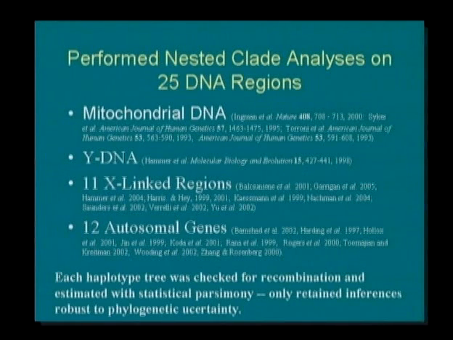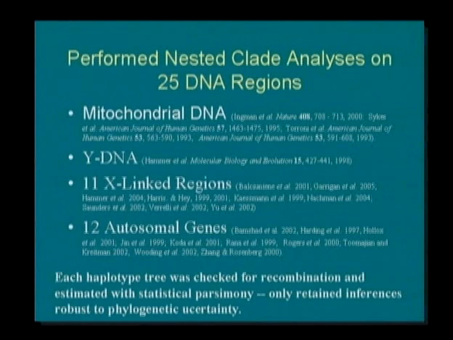And although there's a lot of DNA data out there, a lot of it was not gathered in the right way for these kinds of phylogeographic analyses. So this summarizes the 25 regions. It includes, of course, mitochondrial DNA, the Y chromosomal DNA, and then a whole bunch of X-linked and autosomal genes.